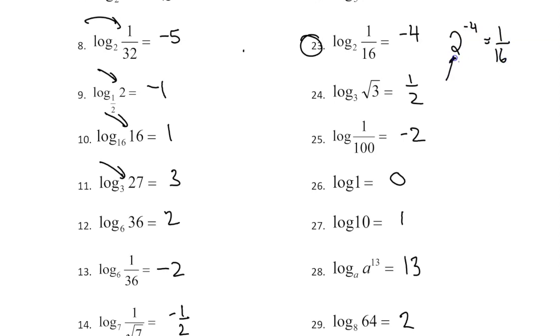As long as this base is a positive value, there's no way I could ever create something less than 0. This has to be greater than 0, because whether my exponent is positive or negative, it always creates a positive outcome. So when you have a negative exponent like we do here, that still creates something that would be 1 over 2 to the positive 4.